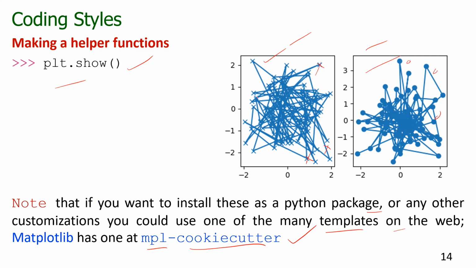This graph is filled with x marks, this graph filled with o, circles. But the figure is the same, only the marking is different. The same function is called, so the marking values are changed. Here x, here o, like that. The same purpose. So like that we can use even a helper function as part of coding style.